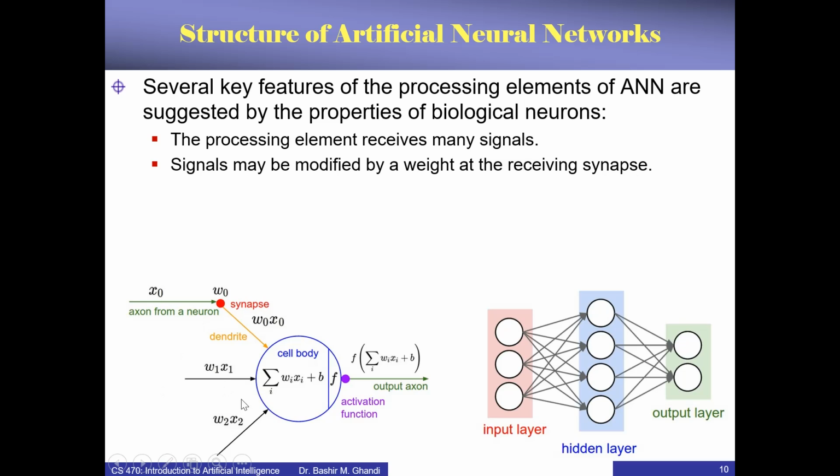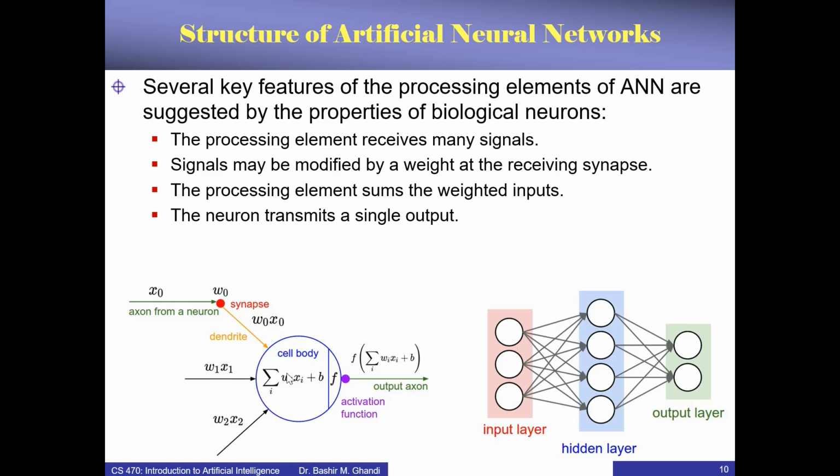Each signal received here is multiplied by certain weights, thus modifying its effect. Just like the synapse in a biological neuron regulates the amount of signal being received from other neurons. Another similarity is that the processing element sums up the weighted inputs, just like in biological neurons, where the different signals received through the dendrites are combined together to form a total sum amount.